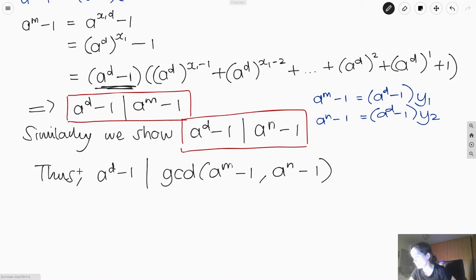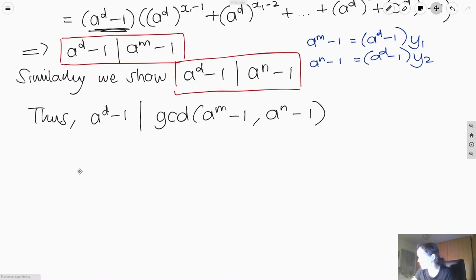So, how do I explain this? The GCD of two numbers is the biggest number that both can be divided by. And since we know a to the power of d minus 1 divides both of these, we know that the GCD is going to be a to the power of d minus 1 times some other integer. That's why we know a to the power of d minus 1 is going to divide their GCD.